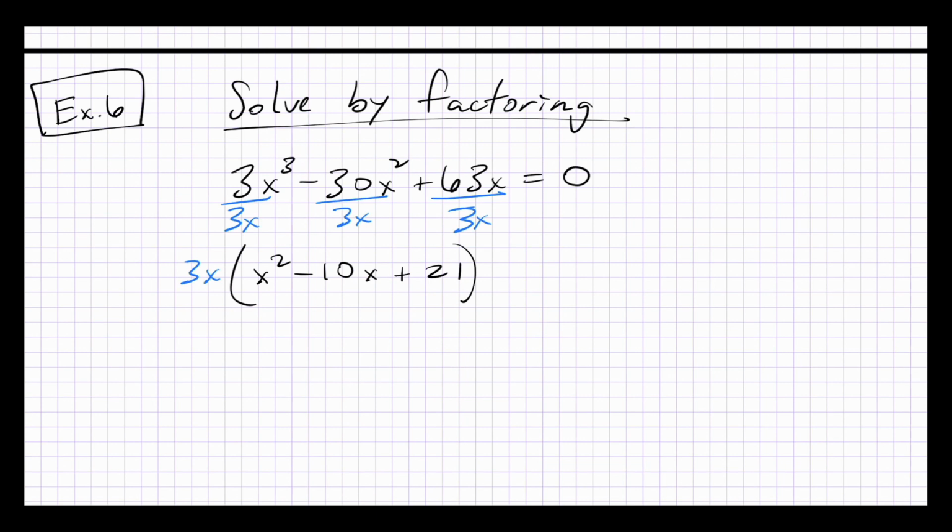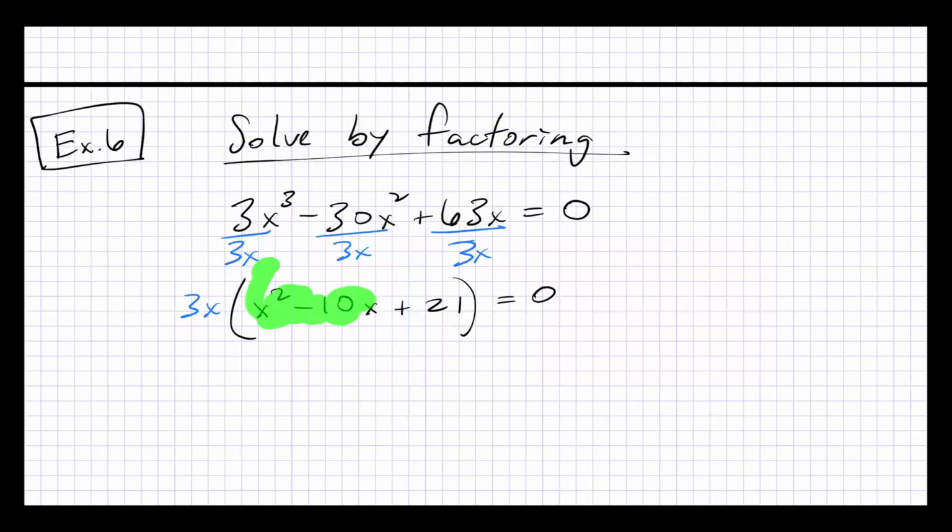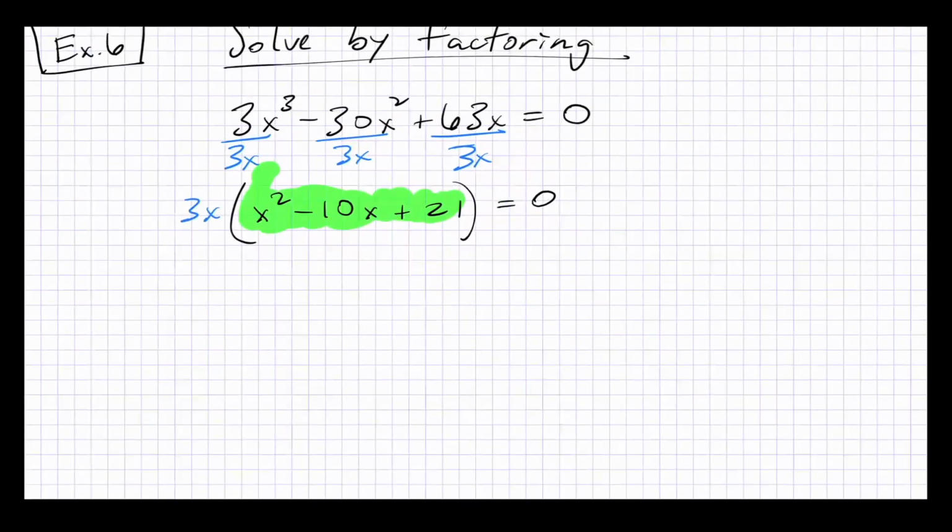Okay, equals 0. So this guy here, all right, so we got a equals 1, b equals negative 10, c equals 21.